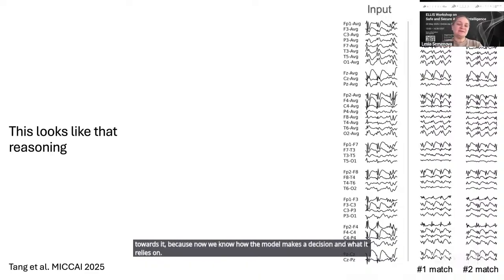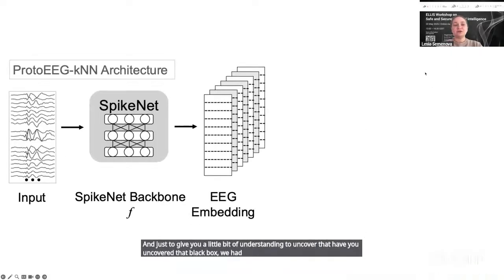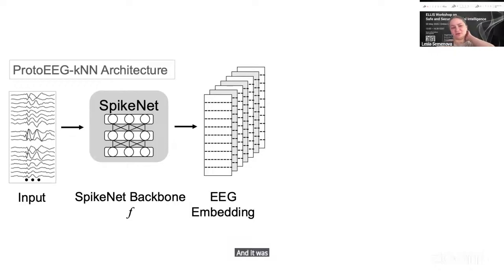And just to give you a little bit of understanding of how we uncovered that black box, we had the following structure, and we call this the Proto-EEG kNN architecture. Essentially we had some input, and then we took as a backbone the best model in class, which at that time was the SpikeNet model, achieving around 80% accuracy.